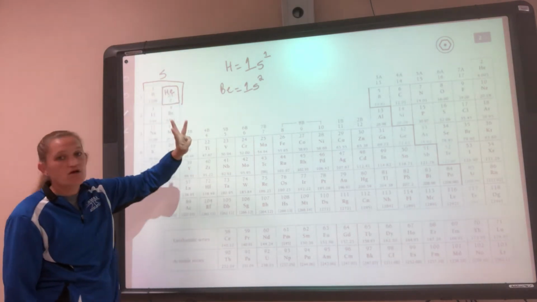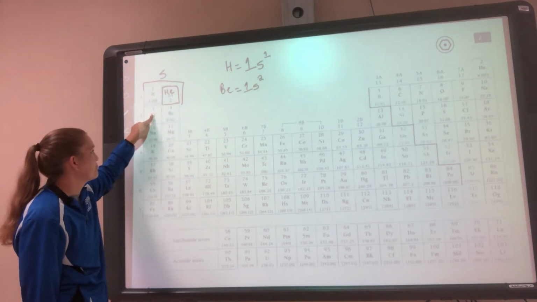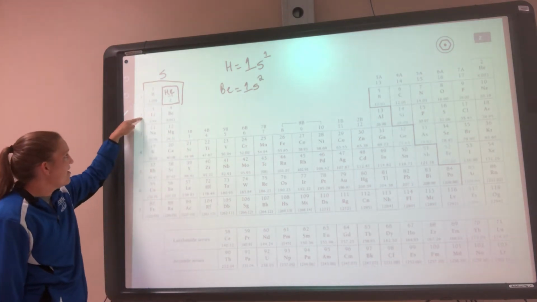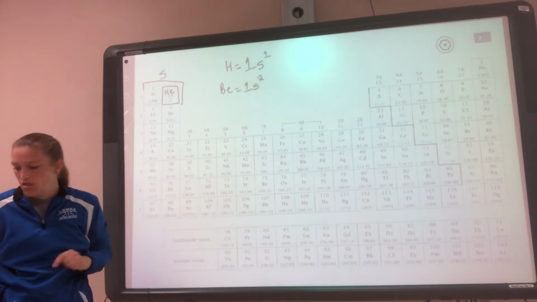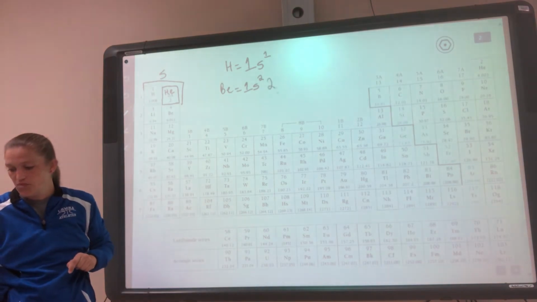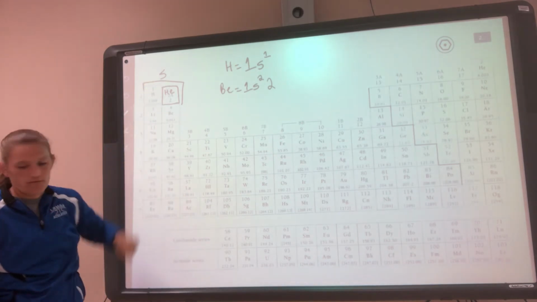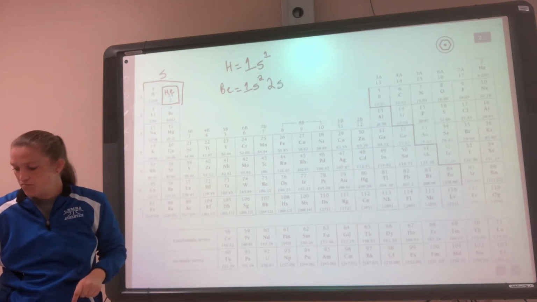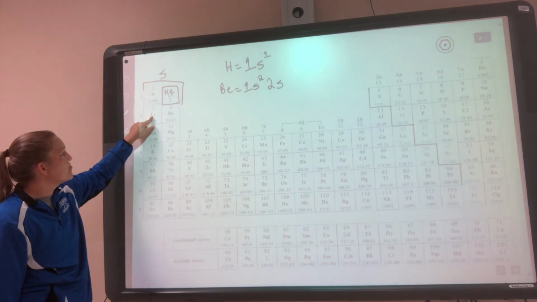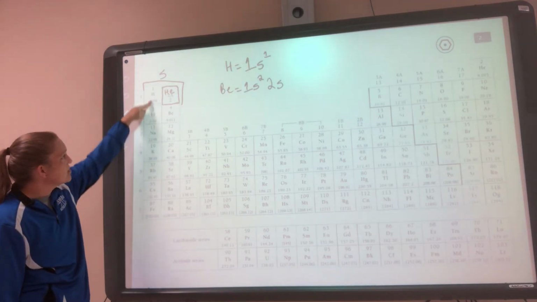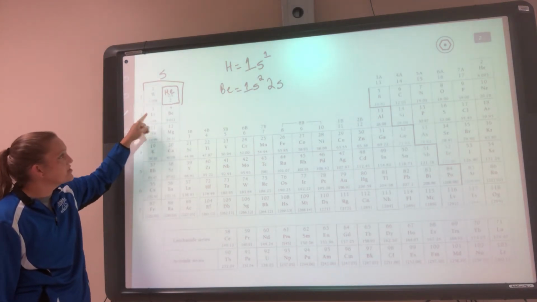Now we're on the 3rd electron, so we go to number 3. The N is 2, so we put a 2. What block is he in? He's in the S block. He's in column 1, there's only 1 of them, so we would say 2s1.